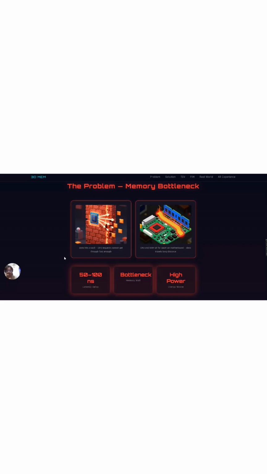At that time engineers called this the memory wall. With time the processor got better, but we still had the same issue because of the distance between them and the latency delay in traveling. So this became a bottleneck. That's why it has been written memory bottleneck here.